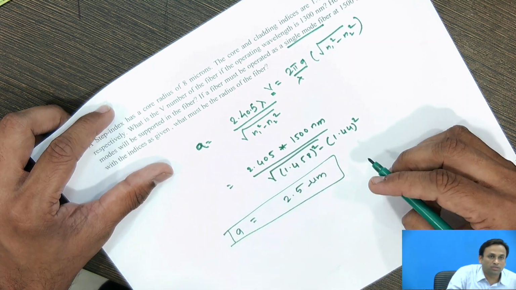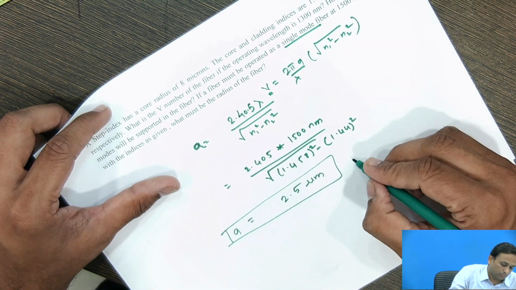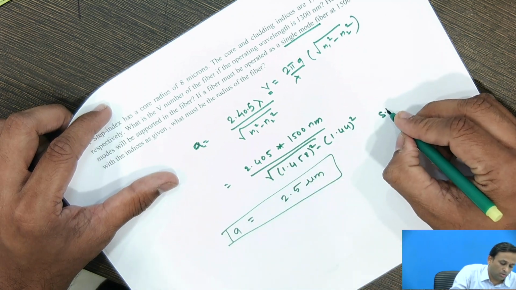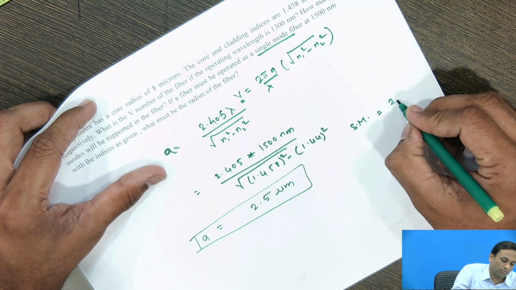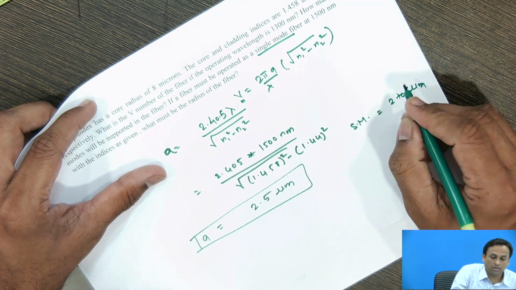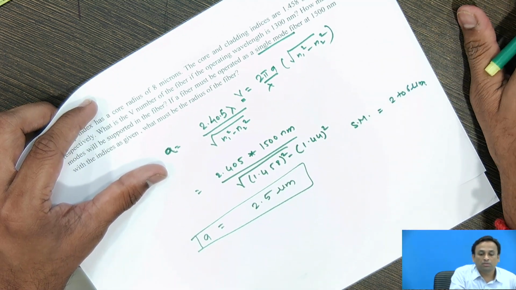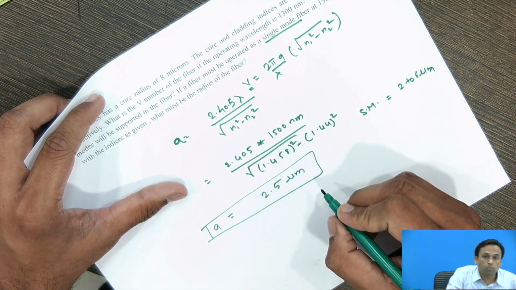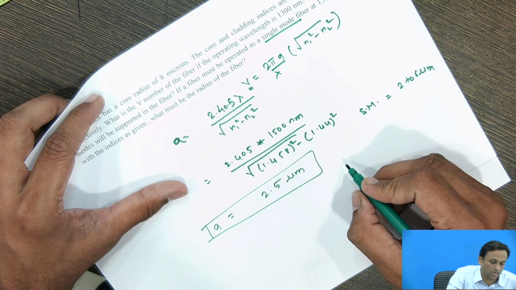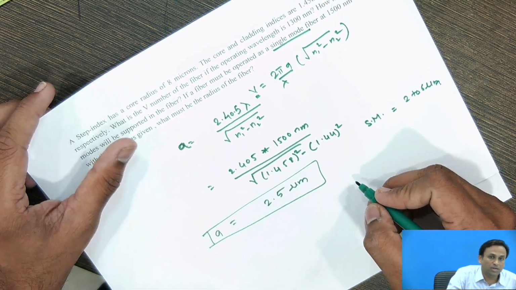As we have discussed, for single mode the diameter is at maximum 2 to 6 micrometers. So the fiber should not have a radius larger than 2.5 micrometers for single mode operation at 1500 nanometers.